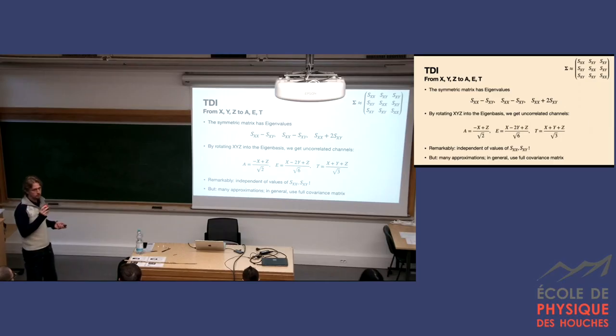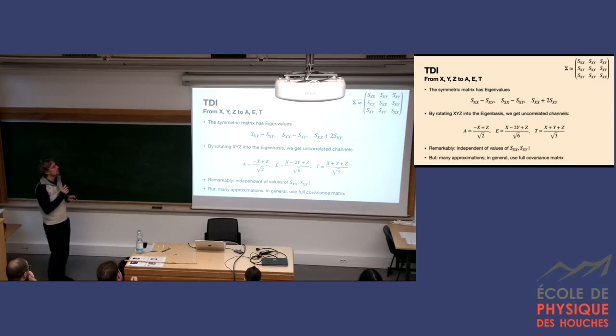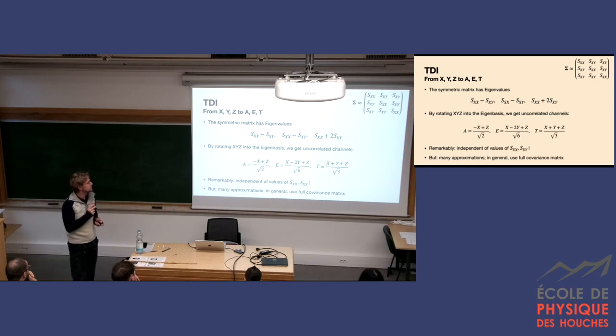You have this very simple form of A, E, and T, where A and E form a subspace. They correspond to this degenerate eigenvalue, so you don't have to use exactly those; you can use other rotations around the T vector. But T is a unique direction that forms the other subspace, which has much reduced sensitivity at low frequencies.